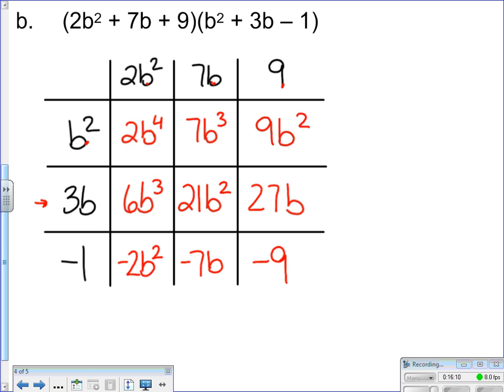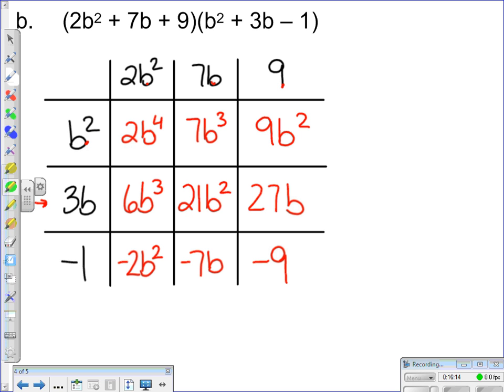Now, take all of those red spots, and that's going to be your answer. But notice, look what happens diagonally. The diagonals have your like terms. So the first answer is 2b to the 4th. Nothing happens with it.